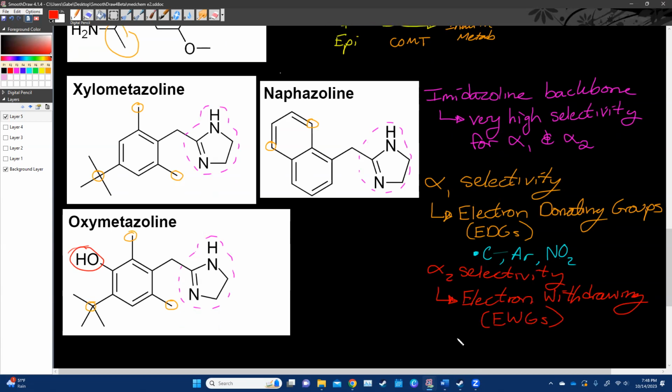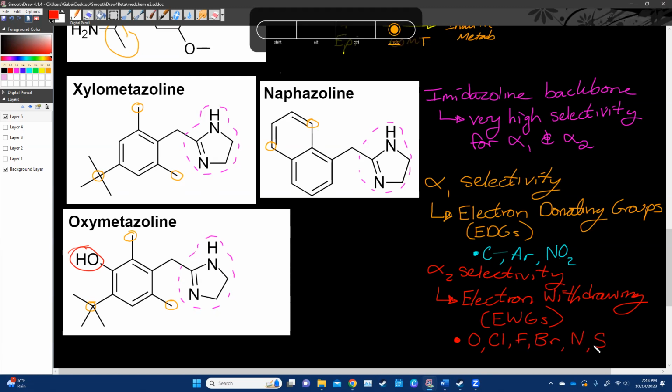And these are any atoms that are traditionally negative. So oxygen, halogens like chlorine, fluorine, bromine, nitrogen, sulfur, any atom connected to our phenyl group that is traditionally electronegative.